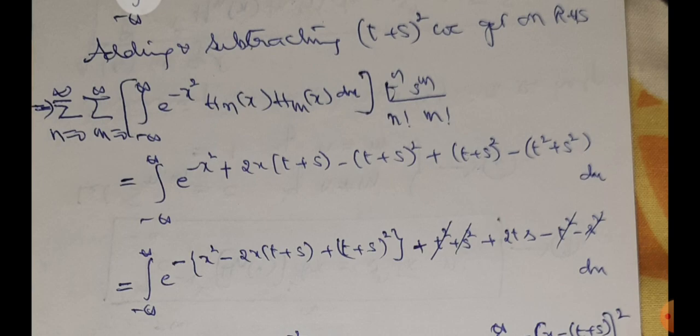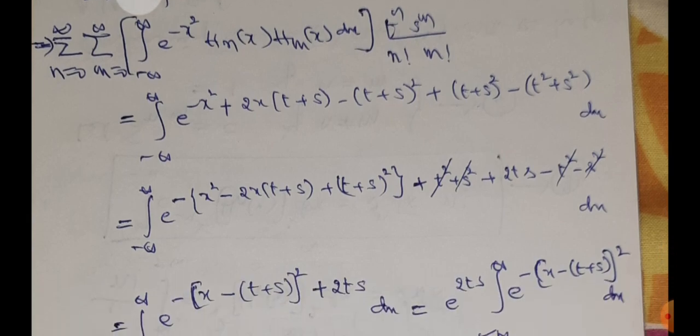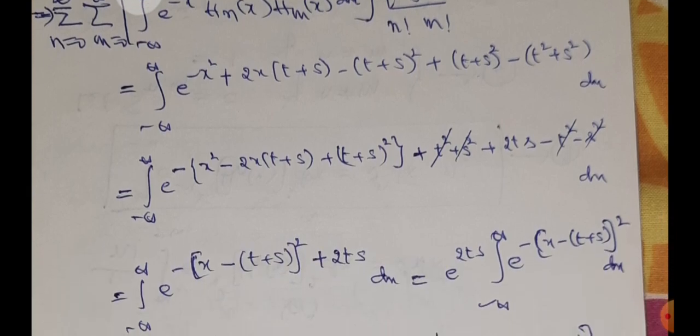So t square and s square get cancelled and we are left with only 2ts. So that is nothing but the integral from minus infinity to plus infinity of e power minus of, and the first term can be written as the difference of two terms whole square. What is the first term? x. What is the second term? t plus s. Whole square, plus 2ts.